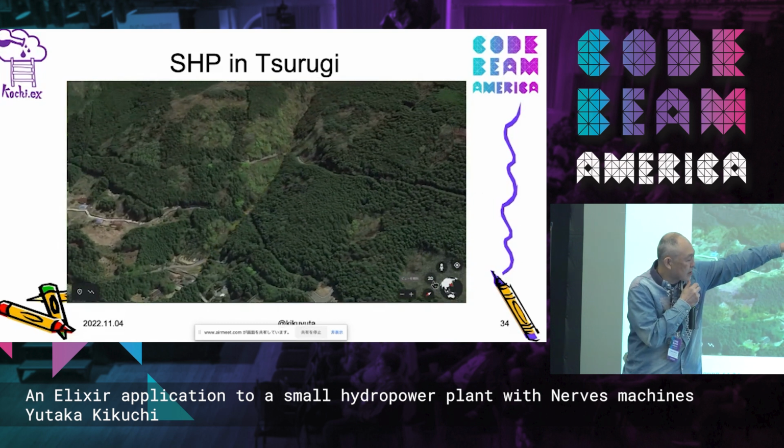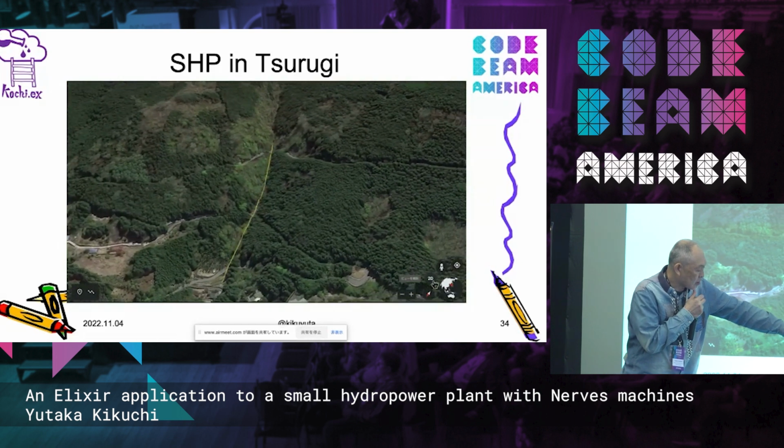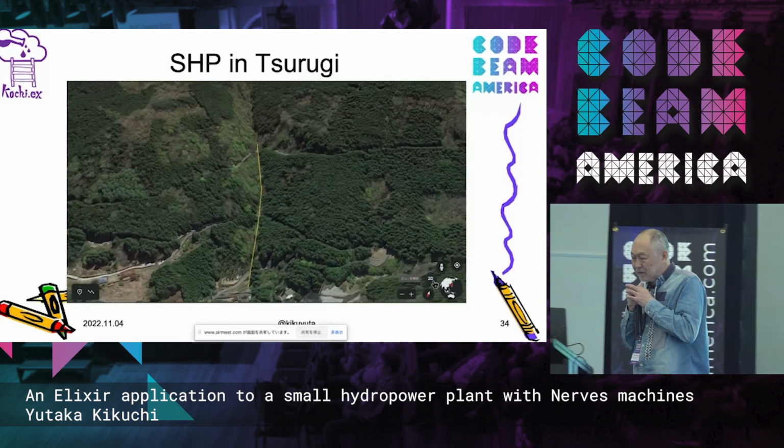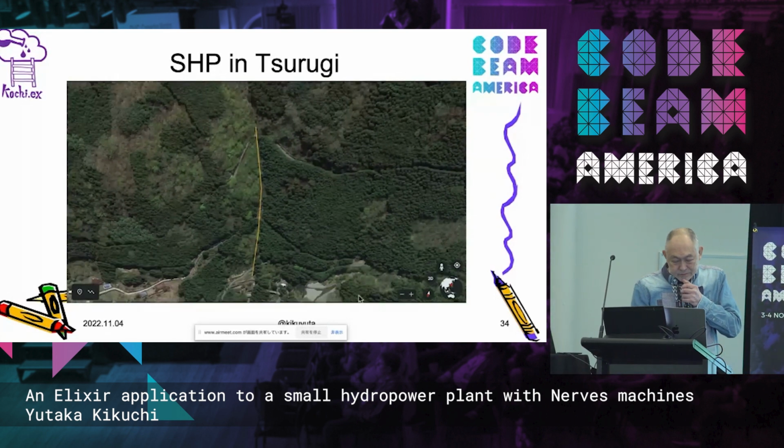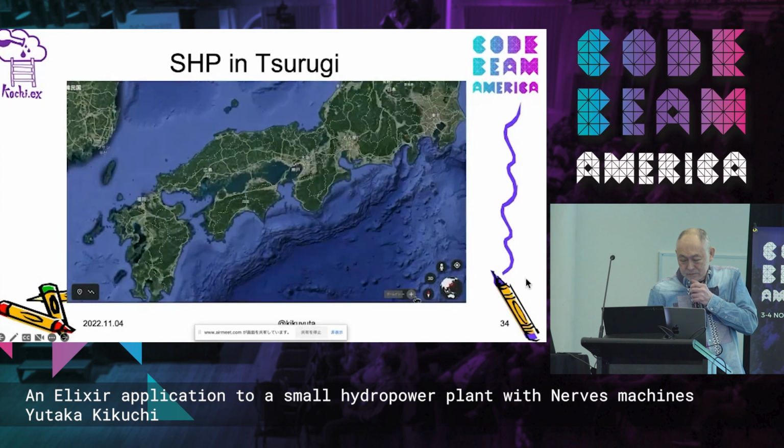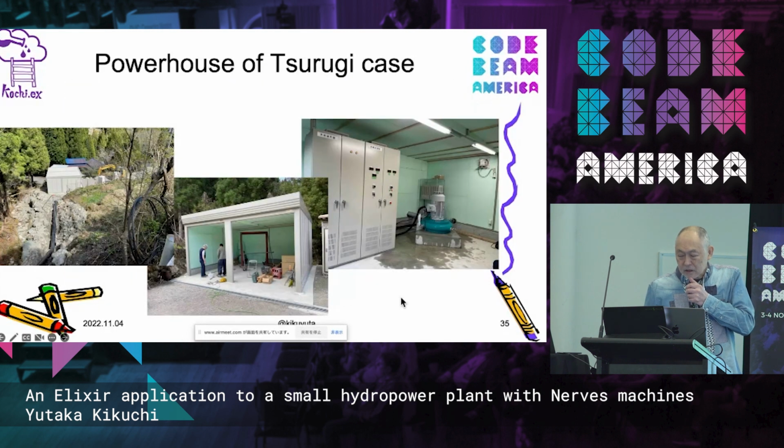There is the intake, and here comes the powerhouse. The owner is an individual, and the power is less than 50 kilowatts, so he cannot earn much money. It is a kind of garage power plant.